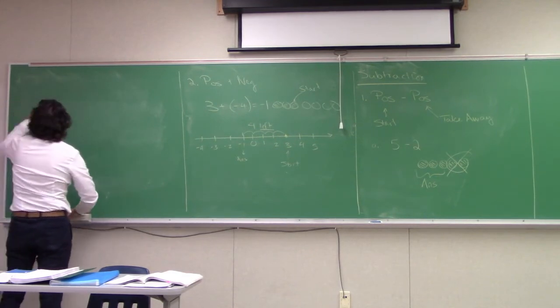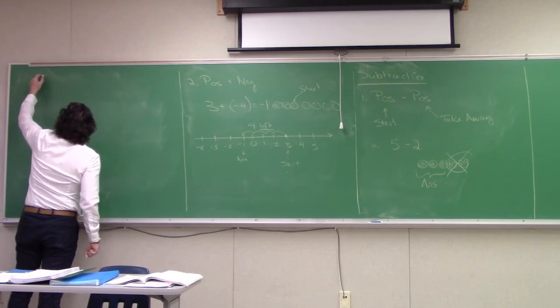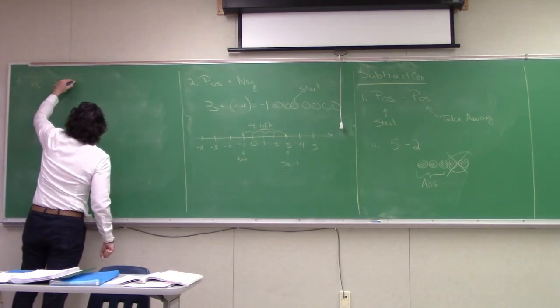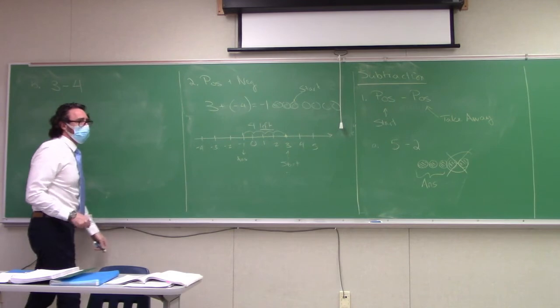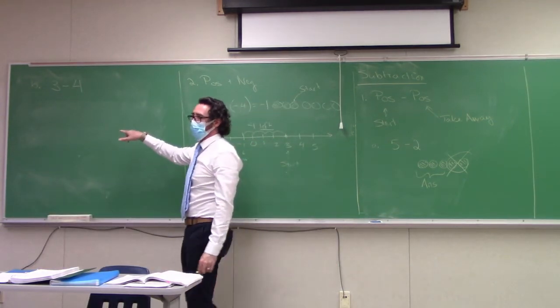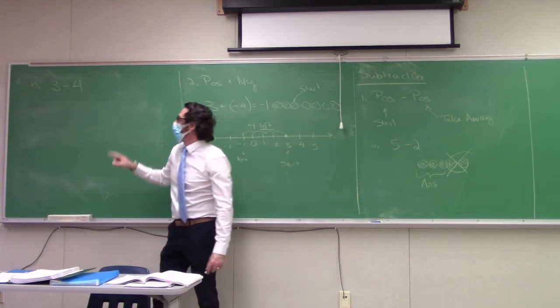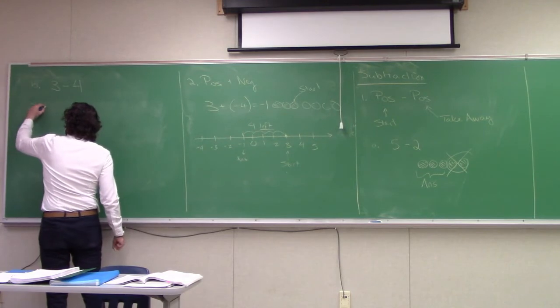Now, I could also throw in something like this. 3 take away 4. Okay, so start with 3 chips. Take away 4 chips. Take away 4 positive chips.